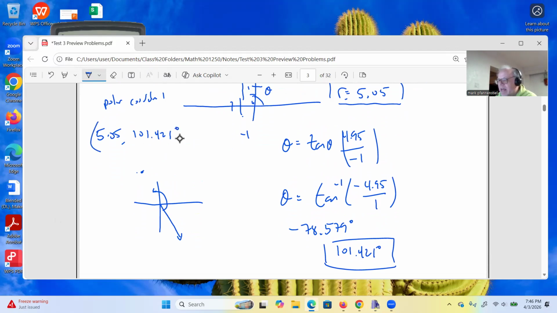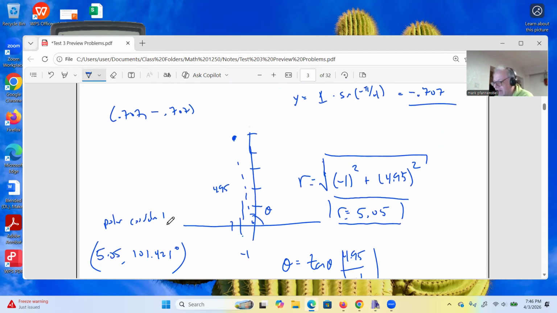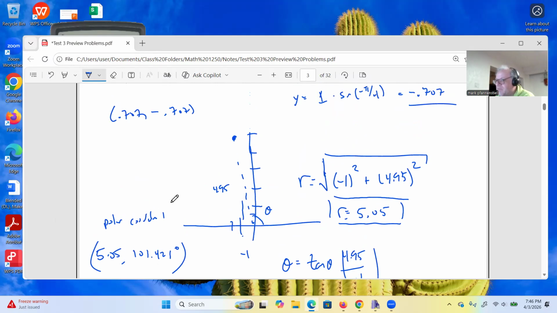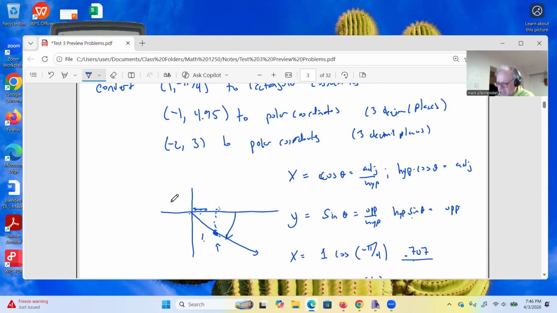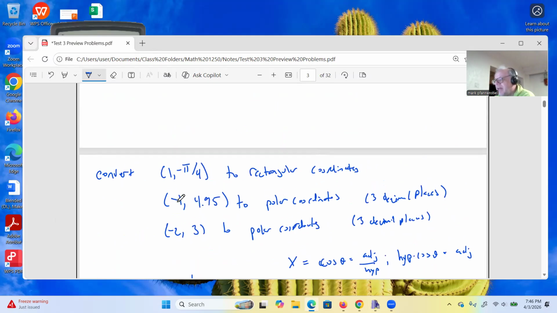And that's my point converted into polar coordinates, in degrees, not in radians, but we could fix that if we had to. I didn't ask you to fix it. I said you can leave it in degrees because again, I think the familiarity helps more than changing it to radians. That day will come. It's just not today. Okay.